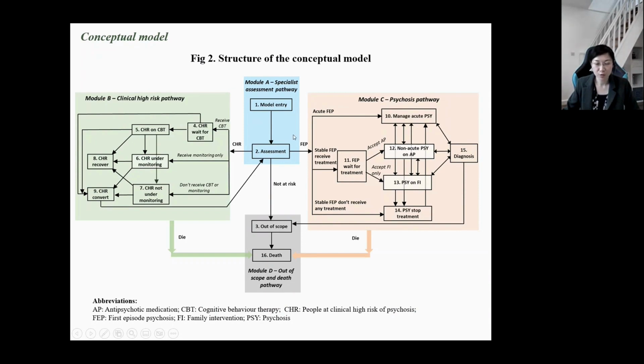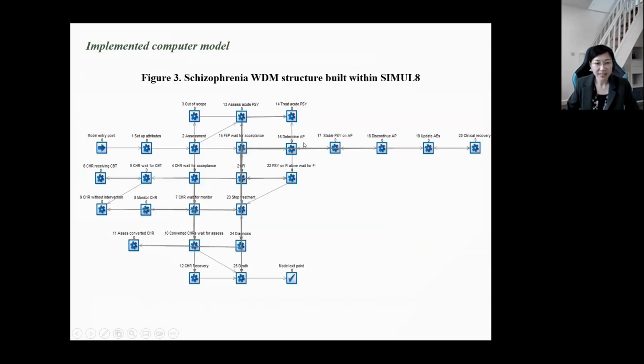Based on this conceptual model, I then developed a discrete event simulation model using a software called Simul8. Figure 3 shows you the developed model. As you can see, this model consists of many small blue boxes. Each of those small blue boxes stands for a work center.